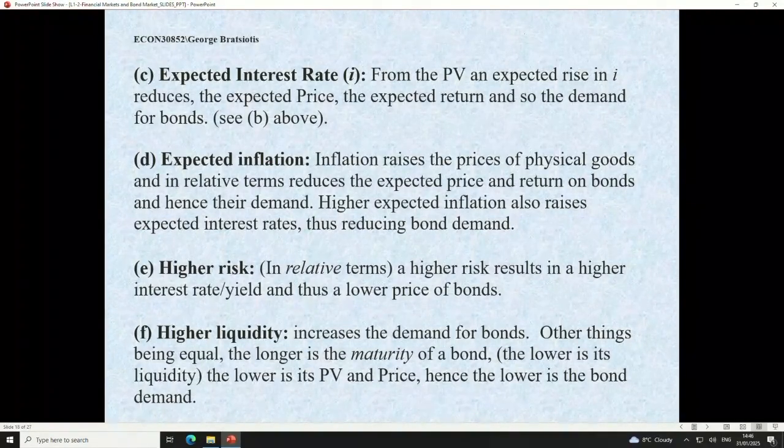Expected inflation, that's very interesting. Inflation raises the price of a physical good. And that was the contribution by Friedman, which was immense. In a way, what he was saying is that you shouldn't be looking just at three different assets, bond, money, and something else. You should also be looking at physical goods.